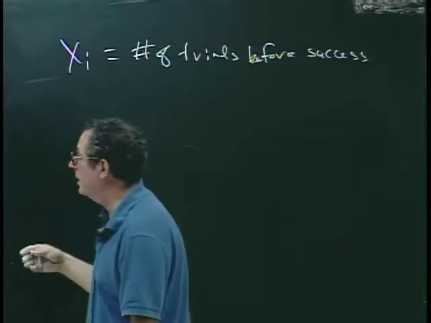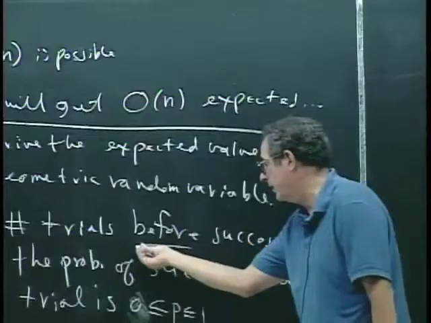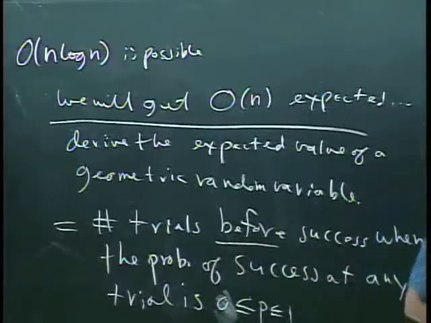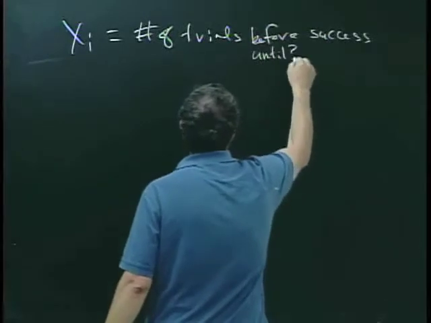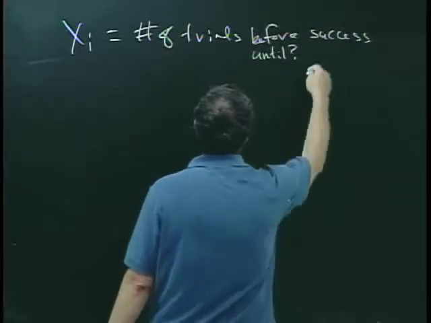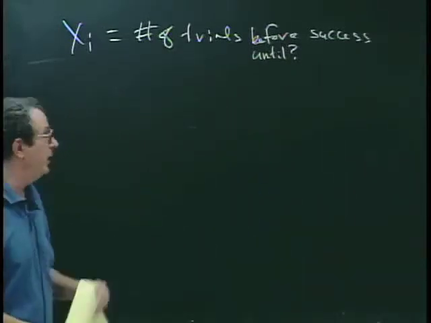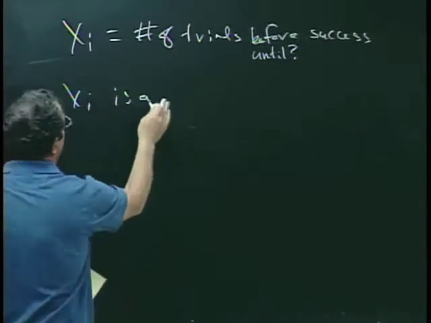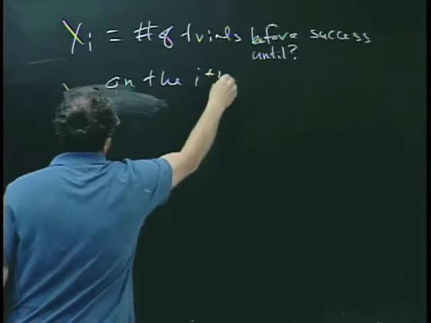So here I wrote before, but when we start actually doing the analysis, I may discover that I want until. Xi is the number of trials before, or maybe until, I'm sorry for the ambiguity, before or until success. Okay? So Xi is a, and what's the i here? On the ith experiment.